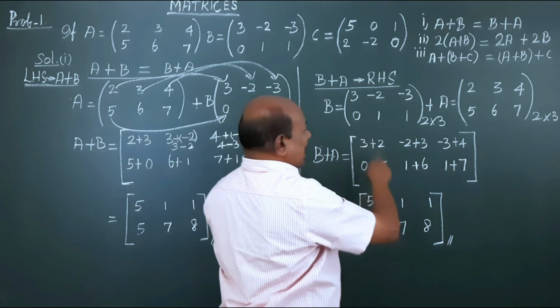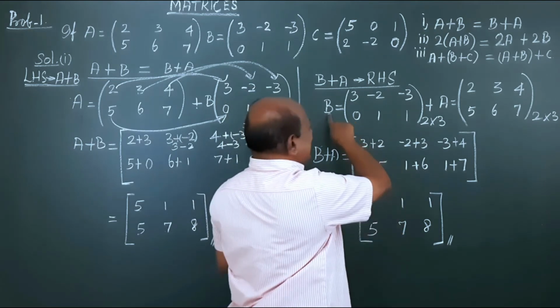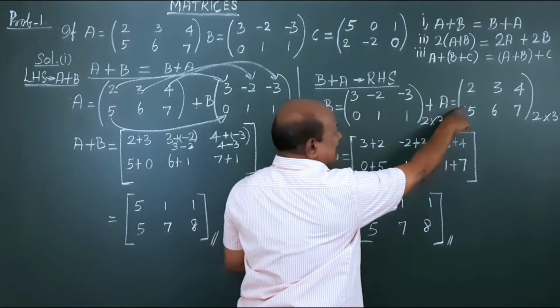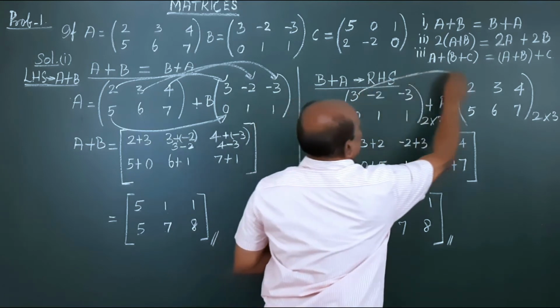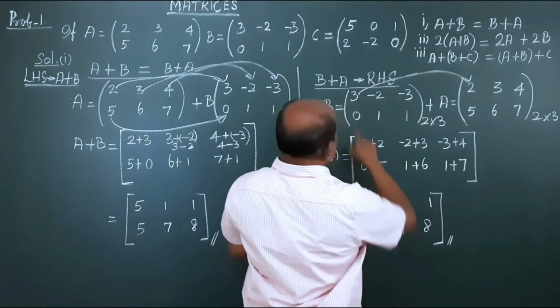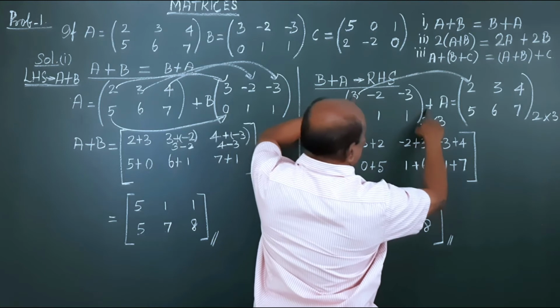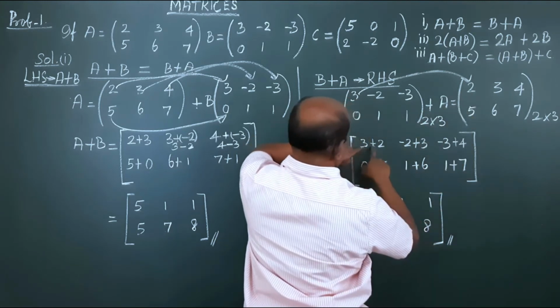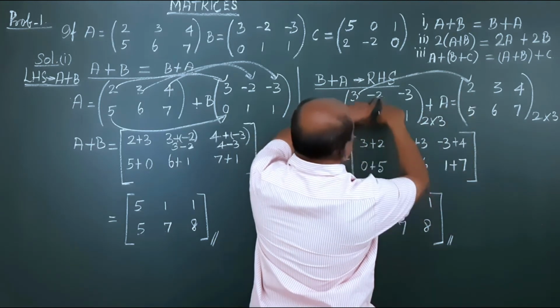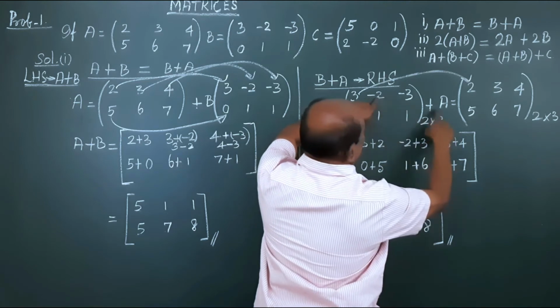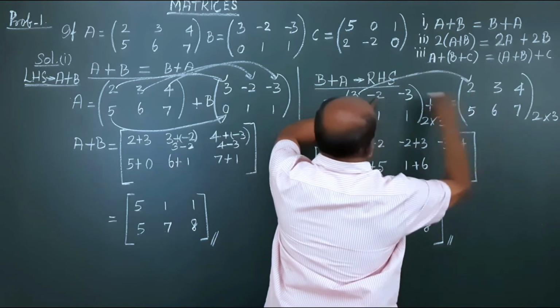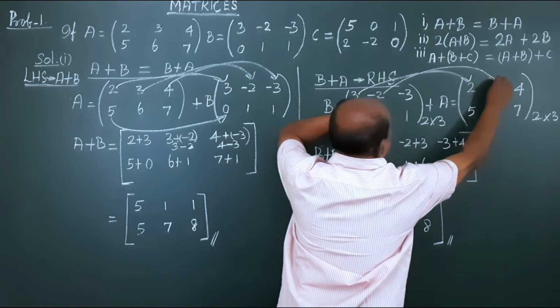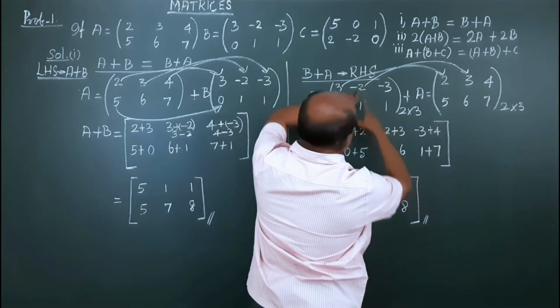Now we have to add the corresponding element of B with that of corresponding element of A. That is 3 added with 2. Here 3 plus 2. Next thing, minus 2 plus 3. That is minus 2 added with its corresponding element.